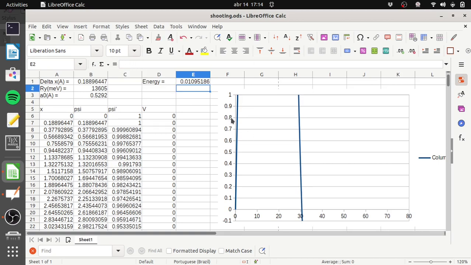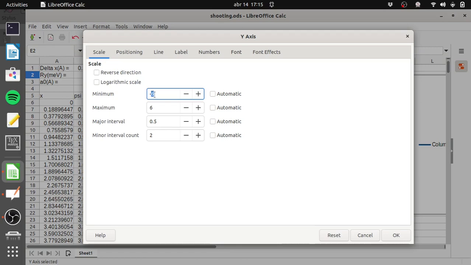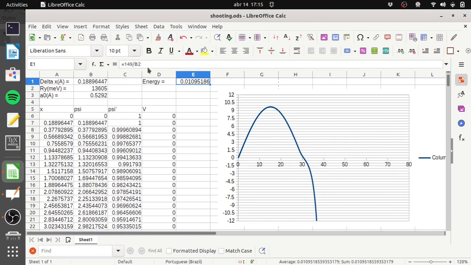Actually, let's change the axis here so that we can see this thing a little bit better maybe. So I've changed the axis like this. Now it's better to see more or less how this wave function will converge. So 149 seems to be too much. Let's try 148, 145.